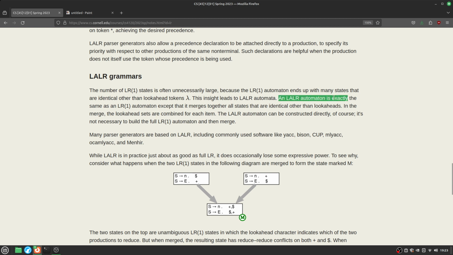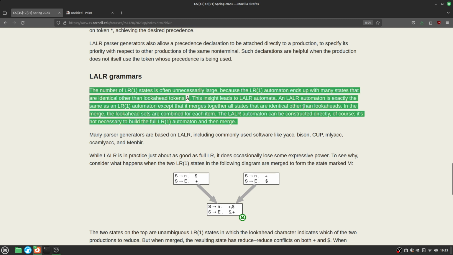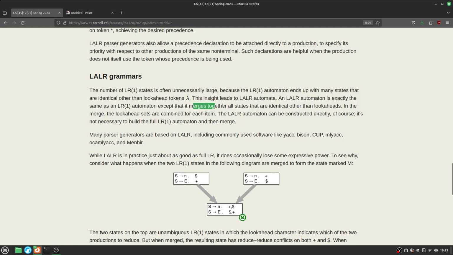An LALR automaton is exactly the same as an LR1 automaton except that it merges together all states that are identical other than look-aheads. In the merge, the look-ahead sets are combined for each item.